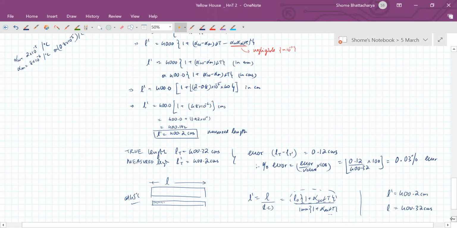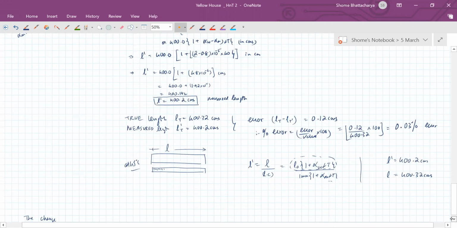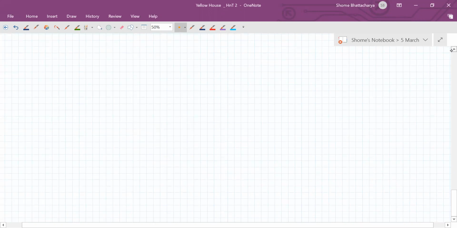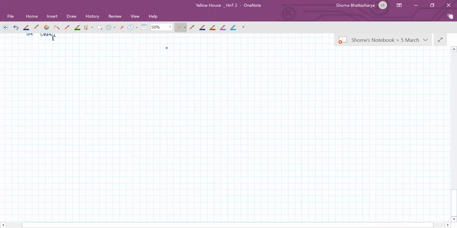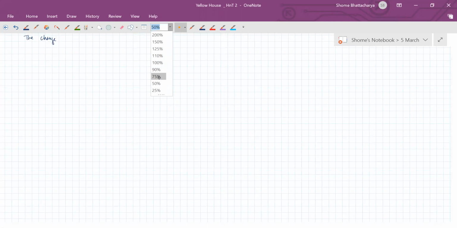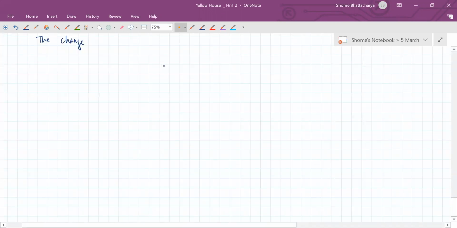Okay, so let's look at the next part of thermal expansion. So the change in time period of a pendulum, because its length might change as a result of thermal expansion.